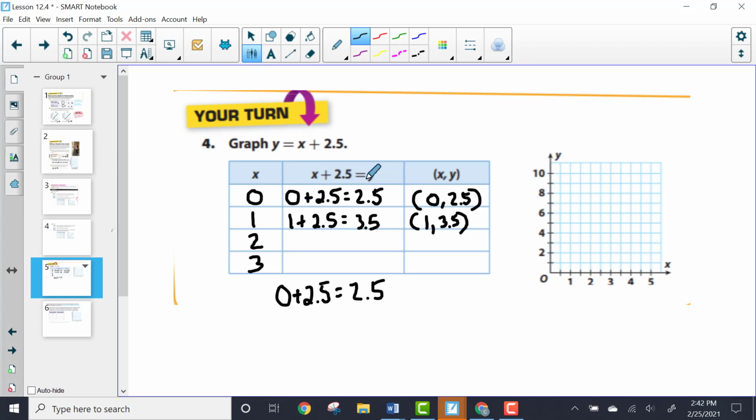Because when we add x to 2.5, that gives us y, which is 3.5. So we'll do the next one. 2 plus 2.5, following this equation, is going to give us 4.5. So we have x is 2, y is 4.5.